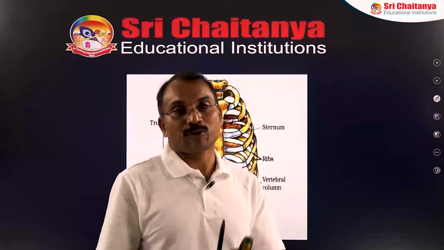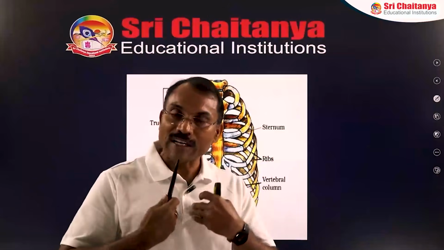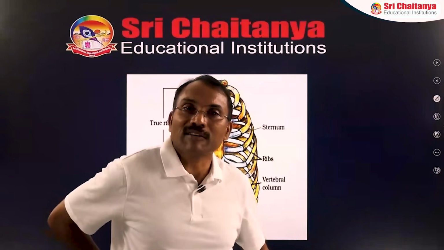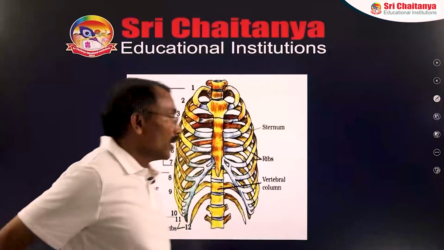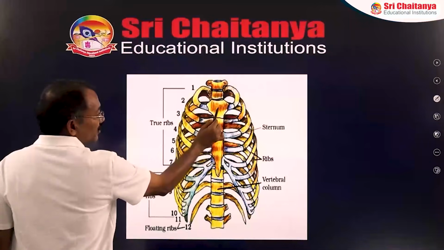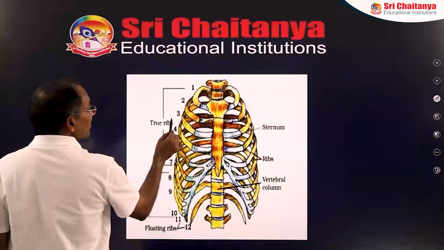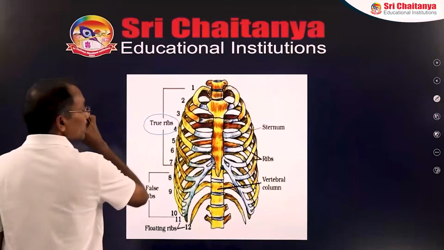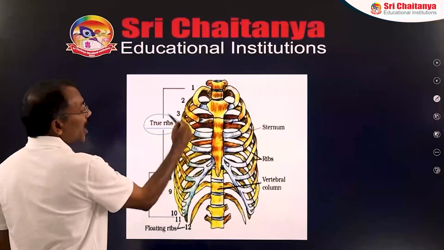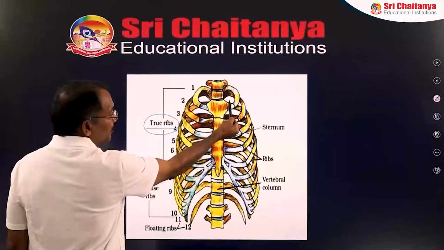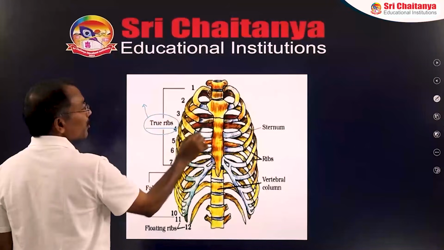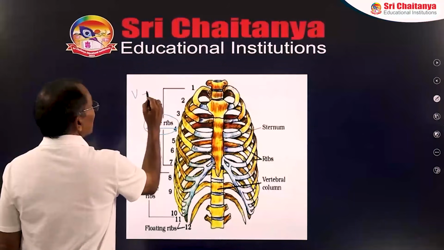Not all ribs articulate with sternum ventrally, but all ribs articulate with thoracic vertebrae dorsally. The first 7 pairs of ribs articulate with sternum, so these first 7 pairs are called true ribs. As true ribs, they articulate with the vertebral column as well as sternum, so these are also called vertebrosternal ribs.